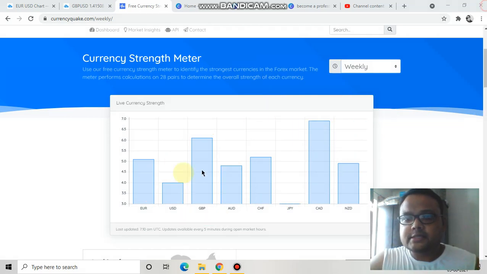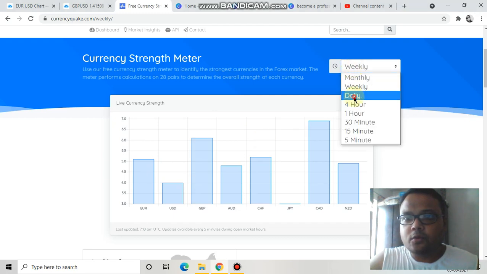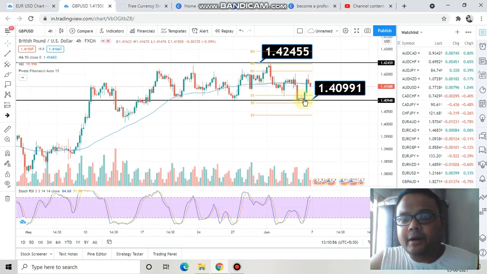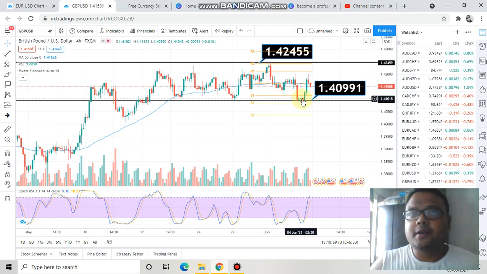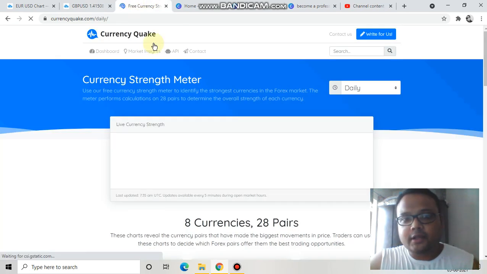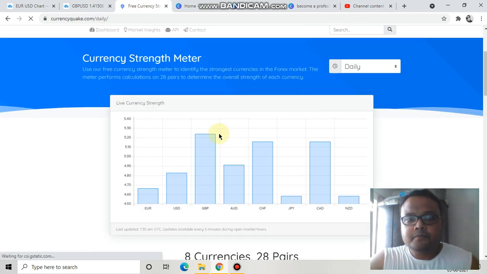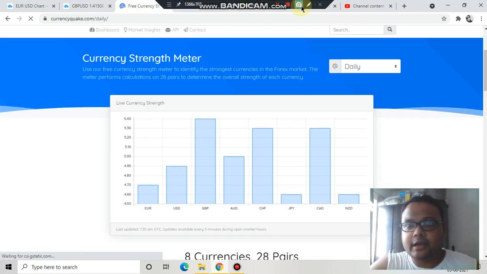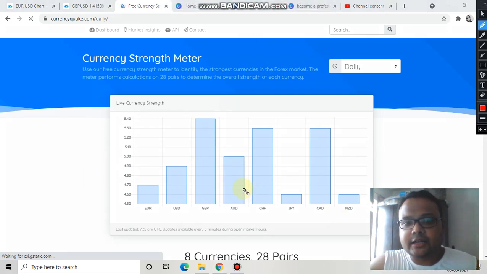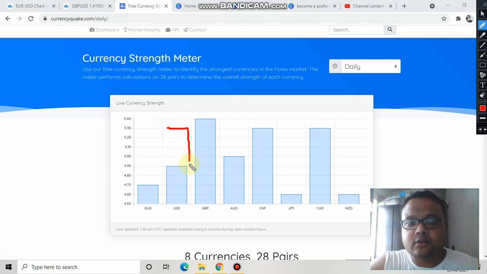And yesterday, when market bounced from this particular point, and when me and my subscribers made money at this particular price level, at that point of time I checked this chart, and I saw that GBP was trading at around this level, and USD was almost trading at this particular price level.